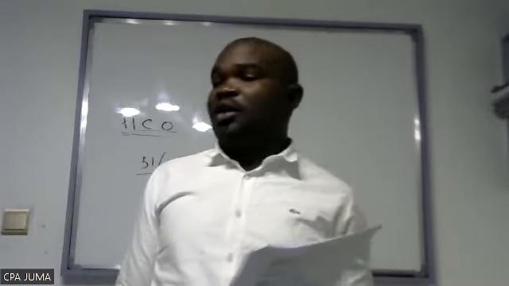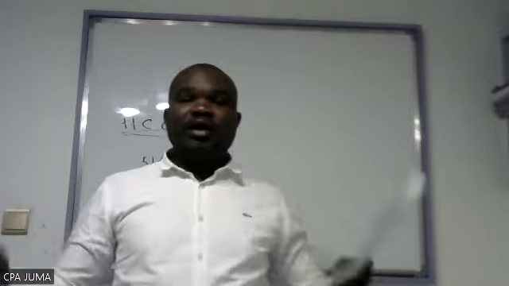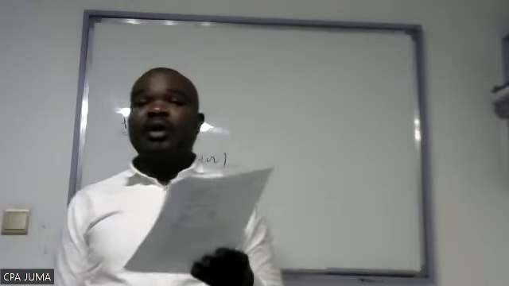Number two, to govern the financial and operating policies of the entity under statute or agreement. So if they have an agreement that the parent is the one who will be governing majority of the financial and operating policies, they will consolidate. Three, to appoint or remove the majority of members of the board of directors.